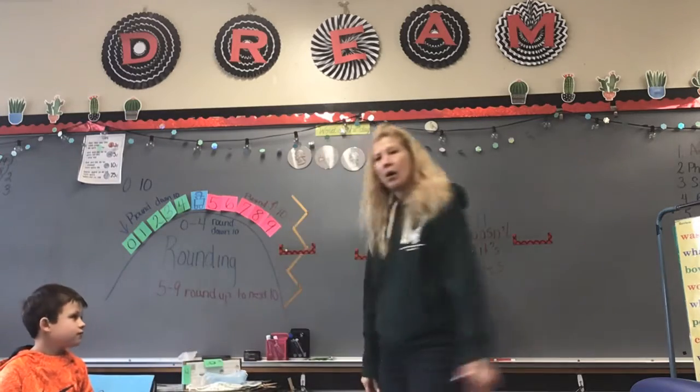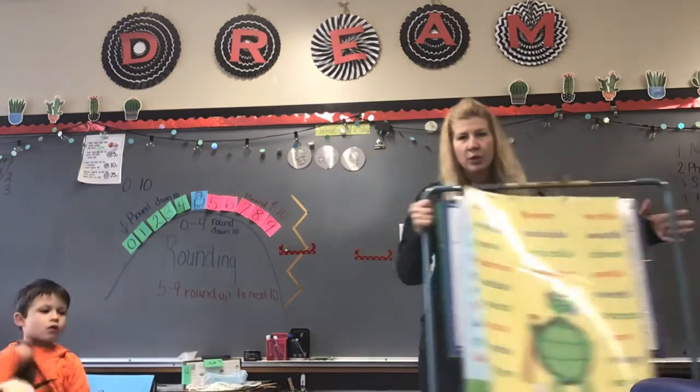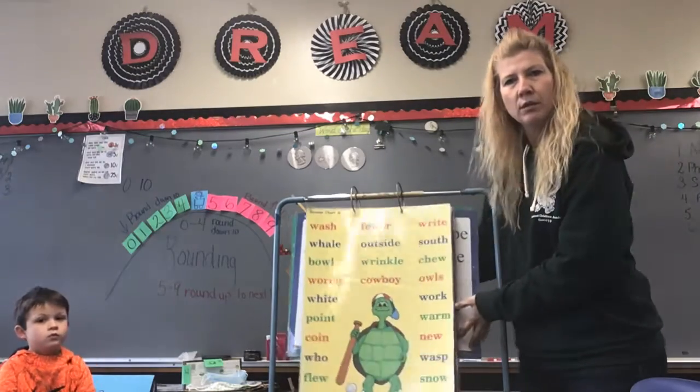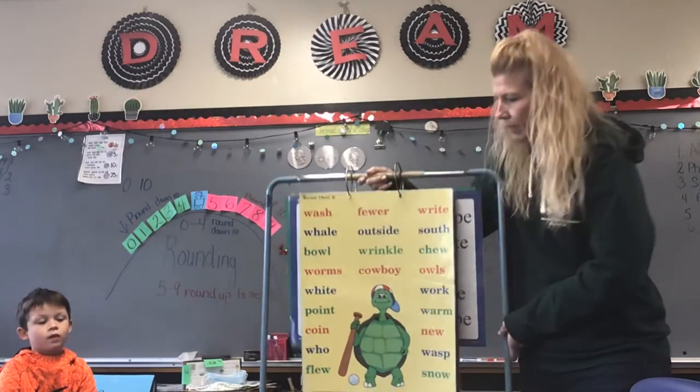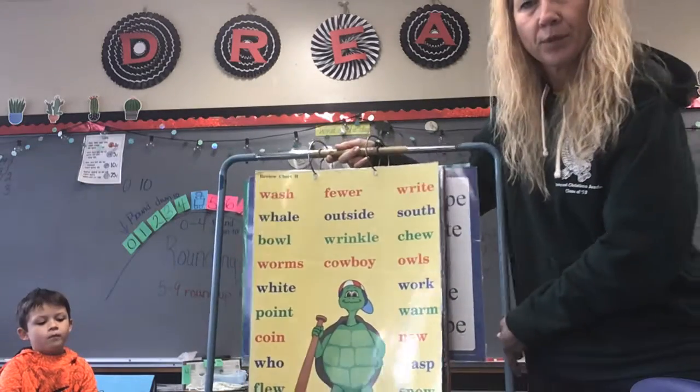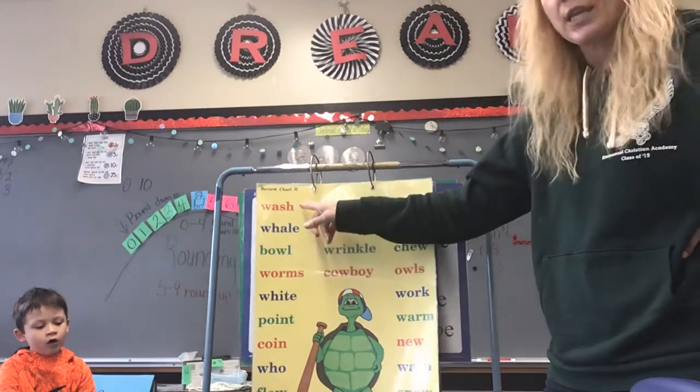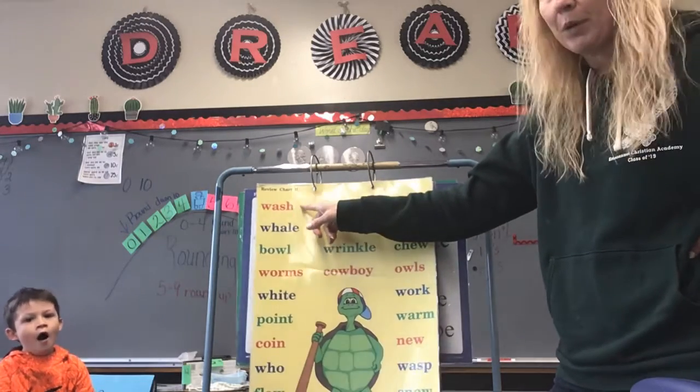Good job. Now, the next thing that we're going to do is look at our chart here. I'm going to back it up just a little. Actually, let me move it a little closer to you. Okay. All right, so let's go ahead and look at our words that we have here. Say them with me, Ben. Come on up because you're going to play part of the game.